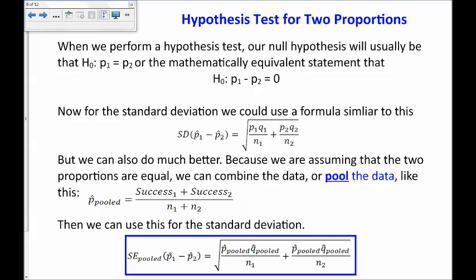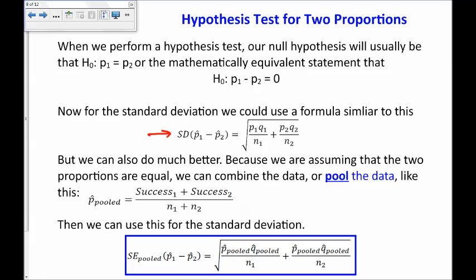We could use a standard deviation equation like the one we used just a minute ago for the sampling distribution, but our null hypothesis will be that the two proportions are the same. So what we need to do is pool the data together, meaning combine them together as we do our calculations.